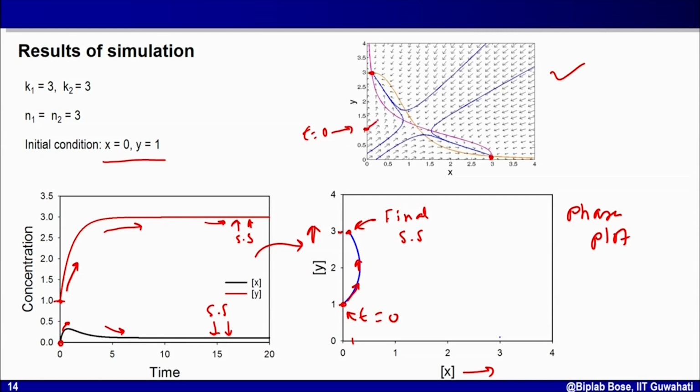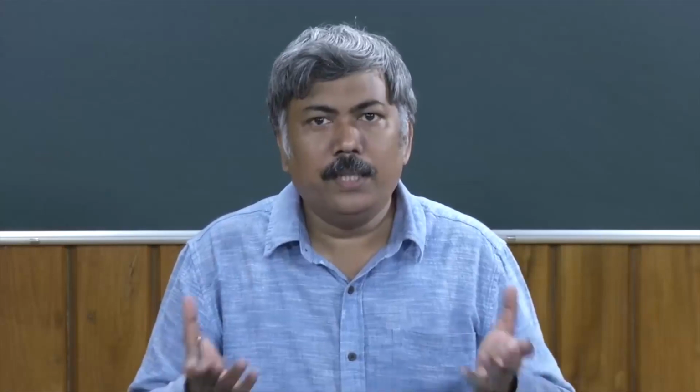If I follow the arrows in the trajectories, I get this trajectory and I reach this higher steady state where y equal to 3 and x is close to 0, and that's what I have got here also. So by numerical simulation, although I don't get the complete phase plot, I get the same behavior that is expected by the graphical method.